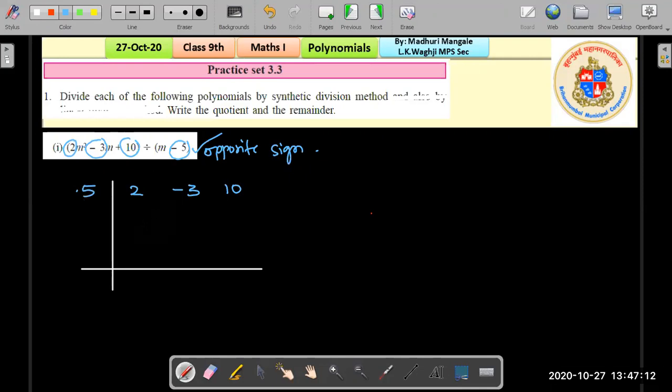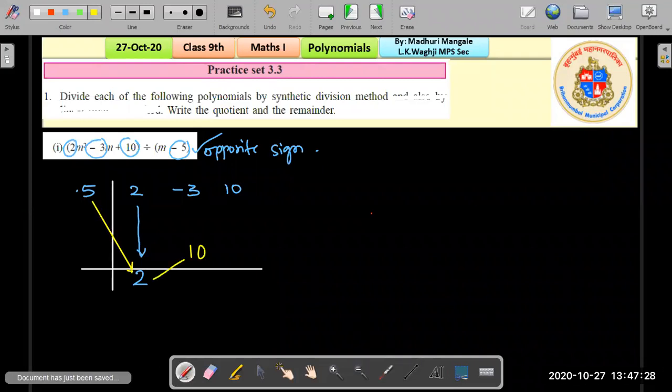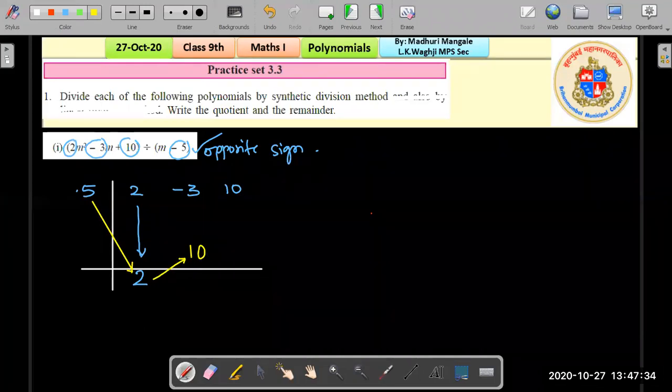And then what is the next step? We simply bring down this 2 as it is, okay, and then go on multiplying. So the step will be 5 times 2, that is 10. We write 10 over here, and then we are going to combine the columns, right? So combining the columns, we get minus 3 plus 10.